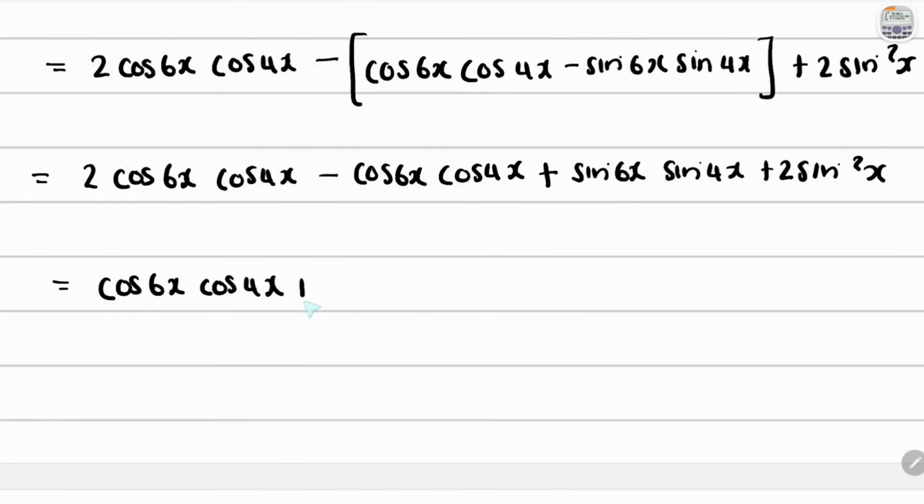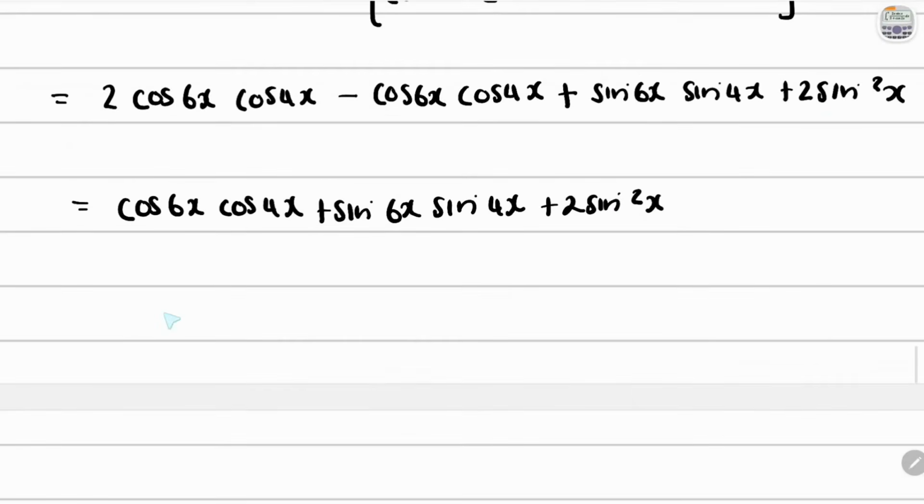And then we add that to sine 6x sine 4x. And again, we will be able to reduce using the compound angle formula there. And then 2 sine squared x. So this is equal to, looking at this part, that would simplify to cos, and we have 6x, and because it's plus in the middle, that is going to change to a negative.